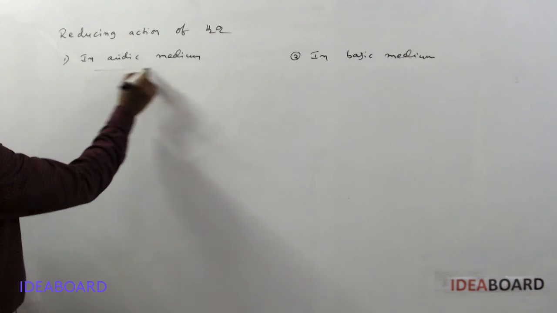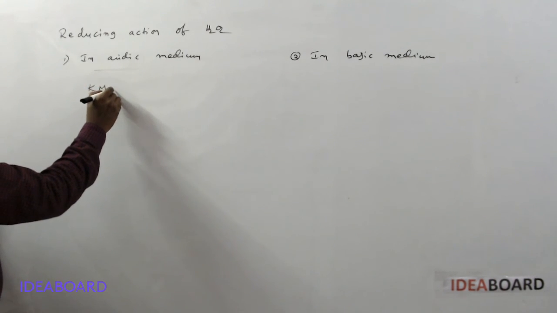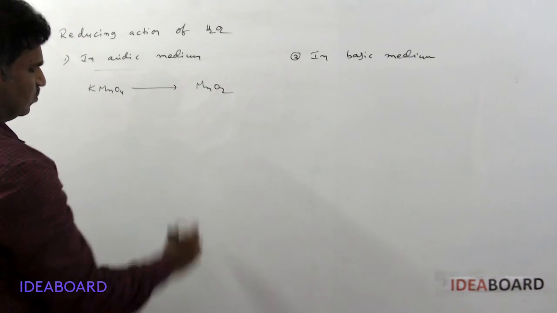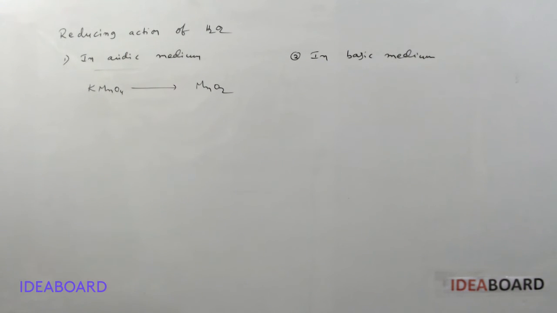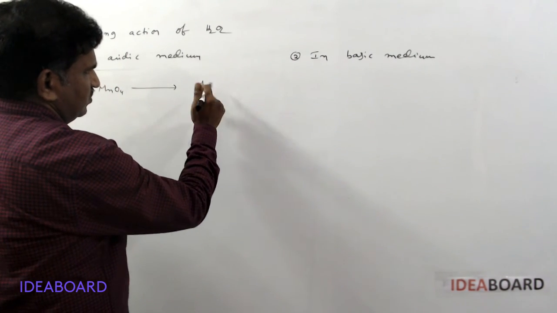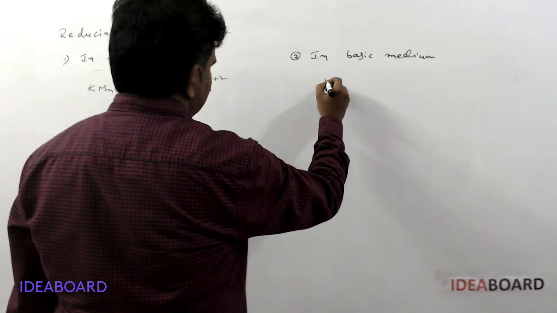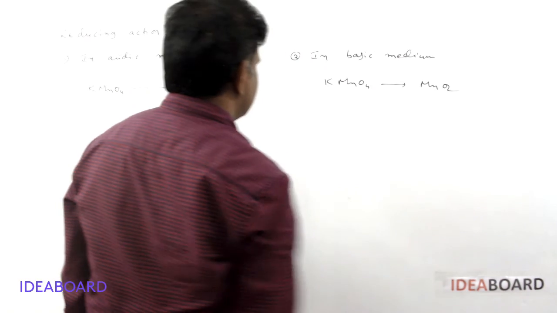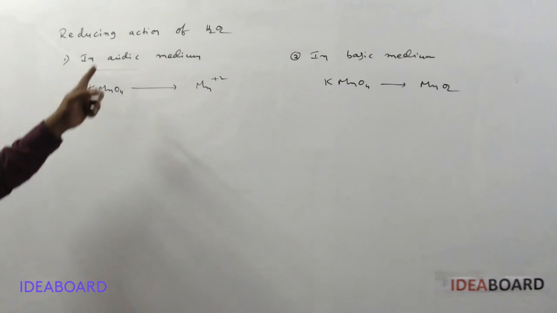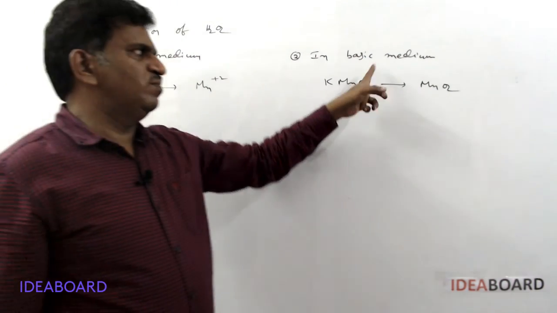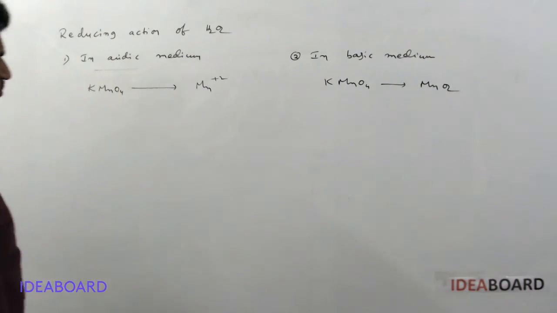In acidic medium, KMnO4 is converted to Mn plus 2. In basic medium, KMnO4 is converted into MnO2. So in acidic medium, potassium permanganate converts into Mn plus 2, and in basic medium, potassium permanganate converts into MnO2.